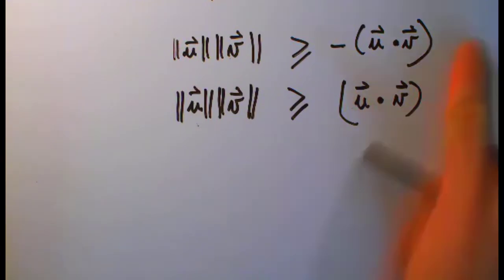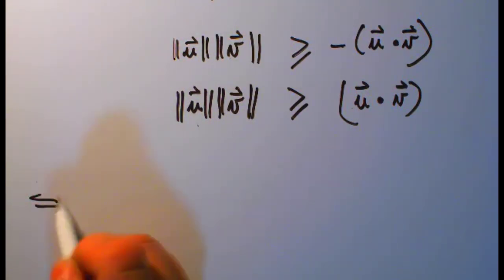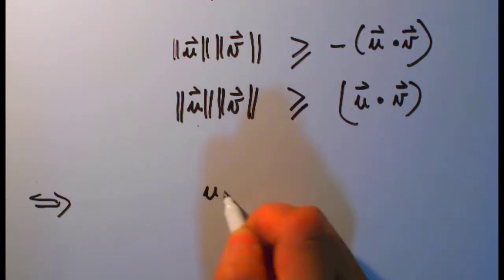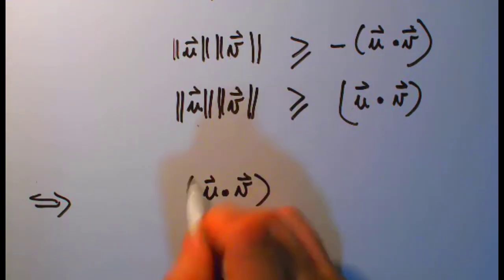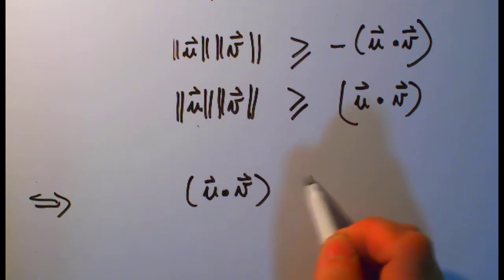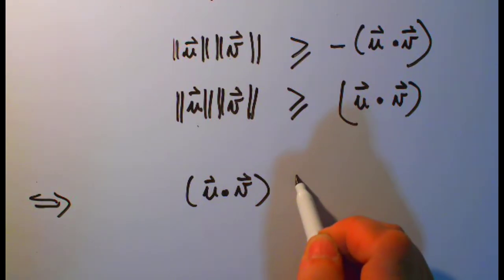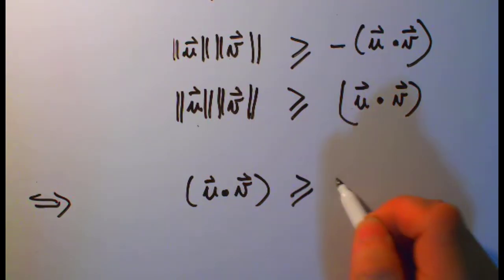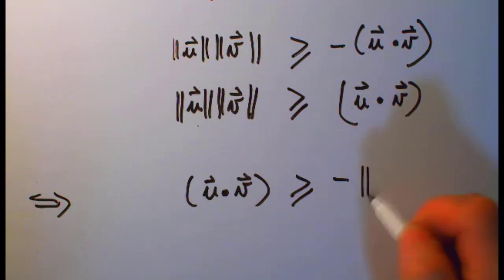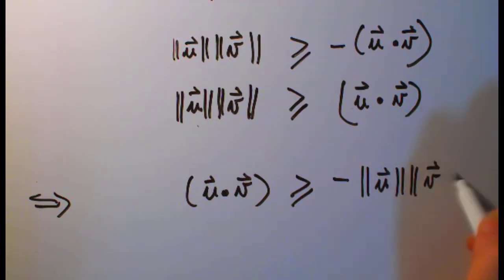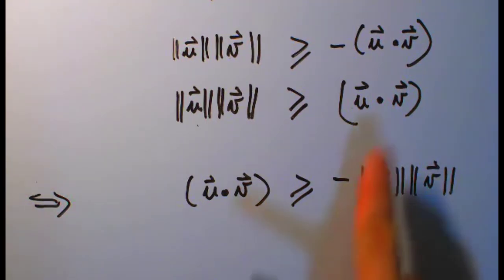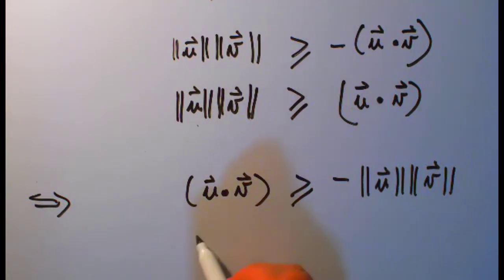This one here would become, on one hand, u dot v is greater than or equal to negative length of u times length of v, and then this is staying the same.